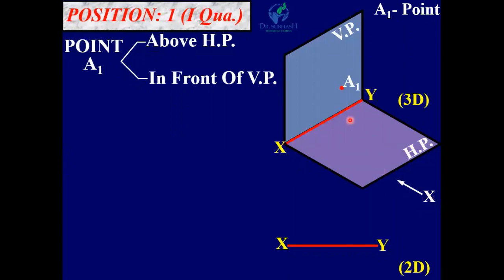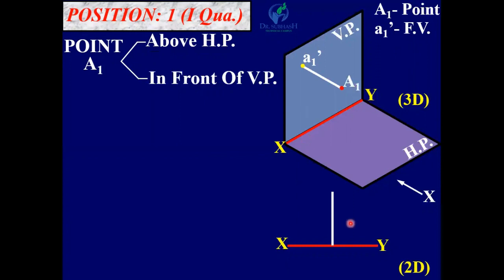So the front view of this point A1 is on the vertical plane, or VP. The projection of A1 on VP is known as the front view. Front view is denoted by a small letter with a dash, so it is denoted by a1 dash and it is on VP.